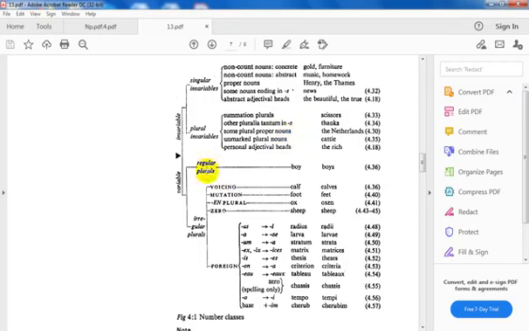Variable: regular plural or irregular plural. Regular, in which I add s to the noun: boys, books, boxes, doors, phones. This is regular, in which I have s or es added to the noun. The irregular has several types. Voicing, in which there is a change in voice: when I change to the plural, I change from voiceless to voiced, and so on. Mutation, in which there is a change in the middle vowel of the word.